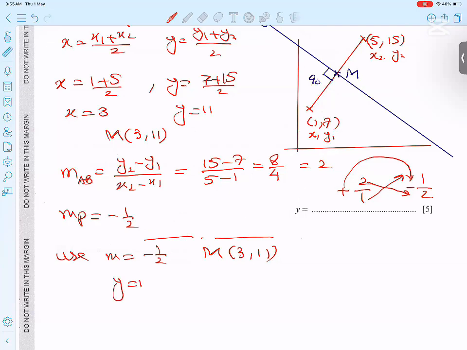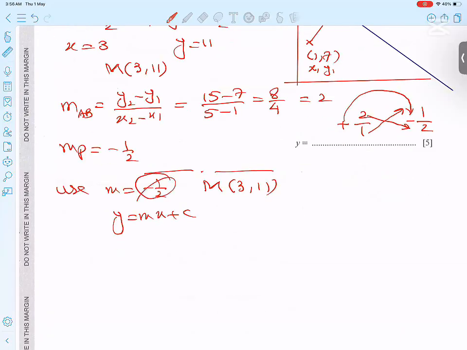The formula is y equals mx plus c. In place of m, I plug in negative half, and I plug in the point: this 11 will go here and this 3 will go here. So 11 equals negative 3 over 2, plus c.